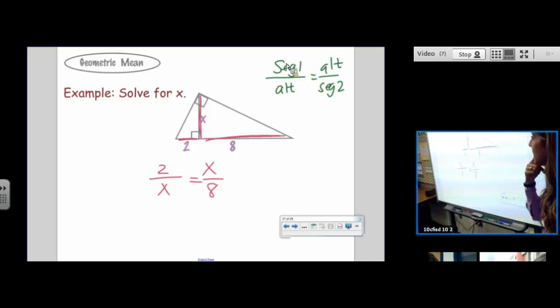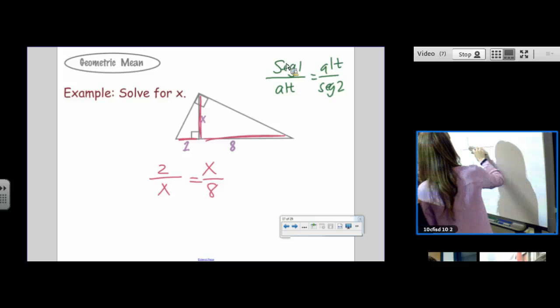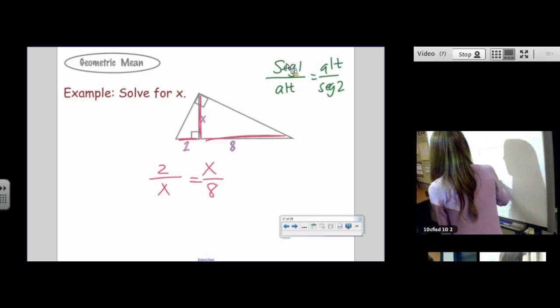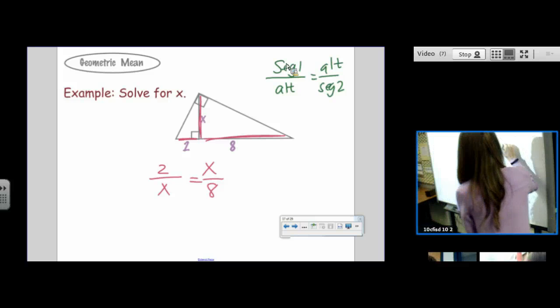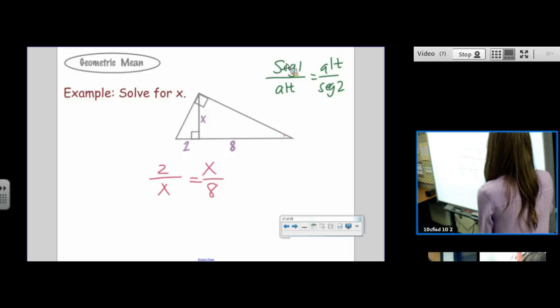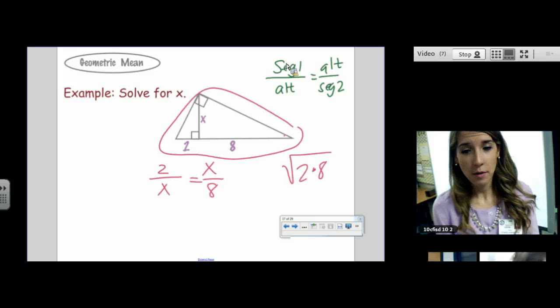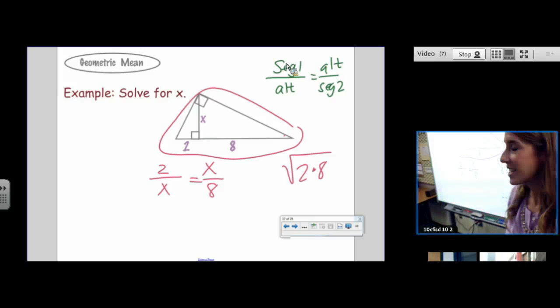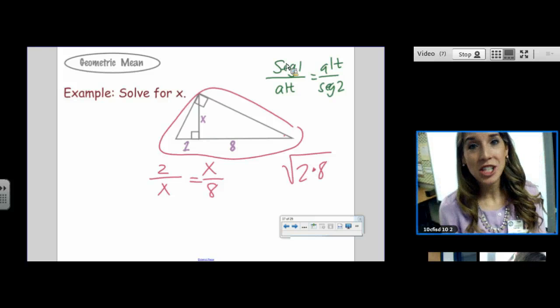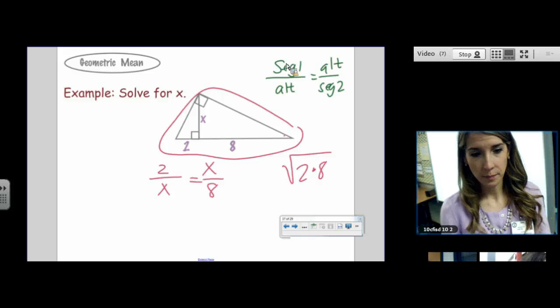So honestly, guys, if you're given this problem and you just go to your calculator and do that, I would be totally okay with that, because you see the connection that the altitude is the geometric mean of the segments. So if you go straight to your calculator and do the square root of 2 times 8, then that's fine by me.